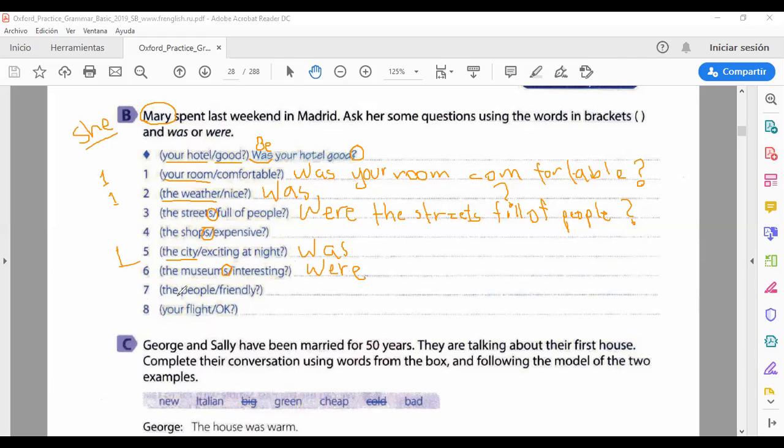Now, people, you know, it's a bunch of people, right? A bunch of persons, many people, okay? But in this case, we are talking about one whole thing. Therefore, we're going to start with was. Was the people friendly? Okay? People is the same as family.